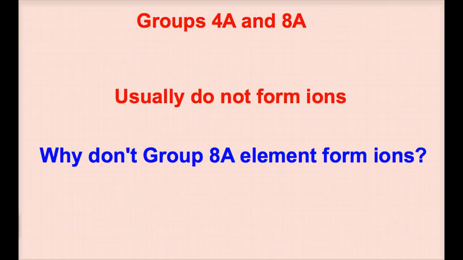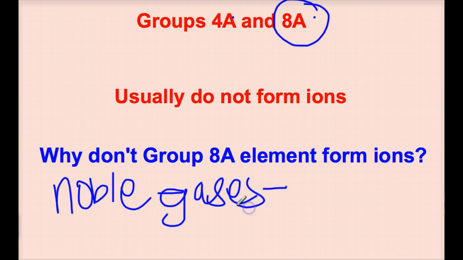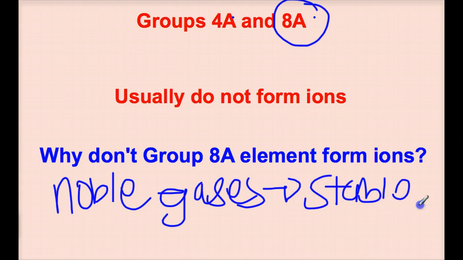Except I do want to point out that things in group 4A and in group 8A tend to not form ions. We know that 8A does not form ions because what kind of elements are these? Good, these are our noble gases, and they are already stable, so they have no need to give away or to receive electrons.